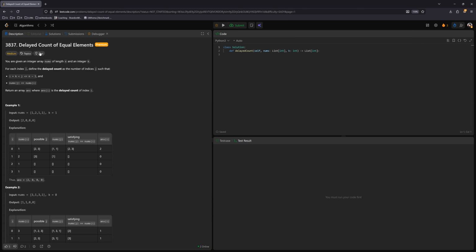Okay, so there's an index of numbers, right? nums of i equals nums of j. Okay, so it has to do with where they're equal. Return an array ans where ans[i] is the delayed count of index i.